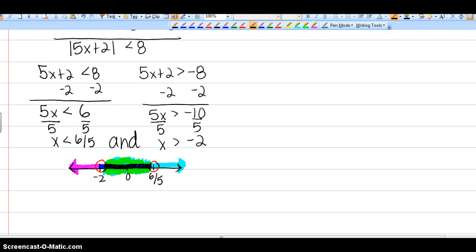When we write the interval notation for an and, the part that we care about is from here to here. So our answer would be -2 with a parenthesis because it's an open circle to 6/5 with a parenthesis. Because all we care about is the part where they overlap. So ands, remember, are always overlaps.